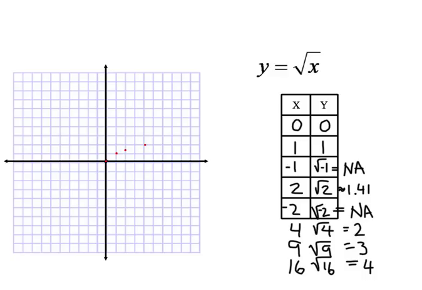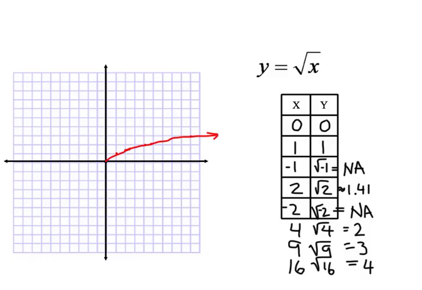And when x is equal to 9, y is equal to 3. Now, you will notice that I cannot take the square root of a negative number, so therefore the domain for x is only on the positive side of the equation, right?